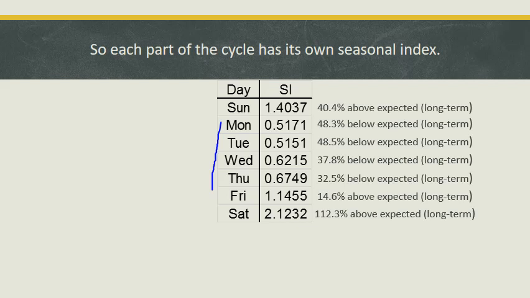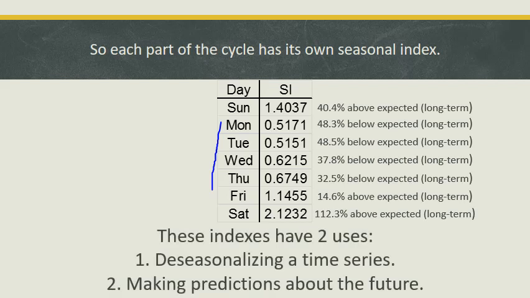But let's move on to how we can use seasonal indexes. We're going to look at two of their applications, deseasonalizing the time series and making predictions in the future. In many ways, these two applications are opposites.